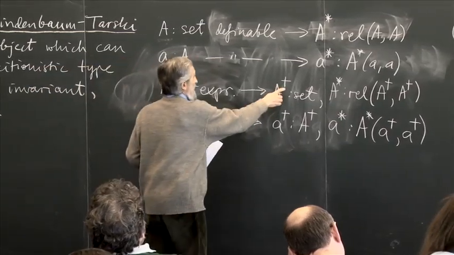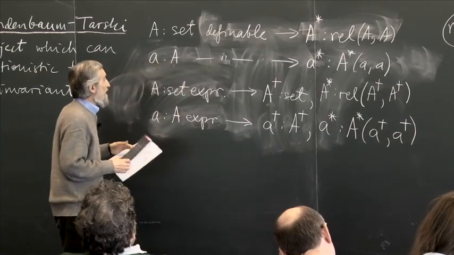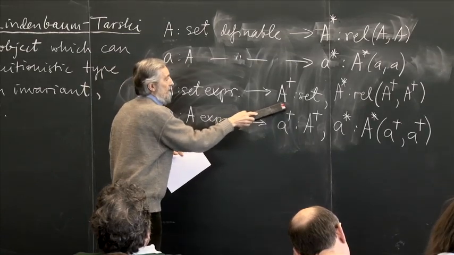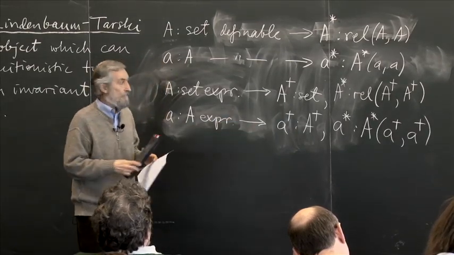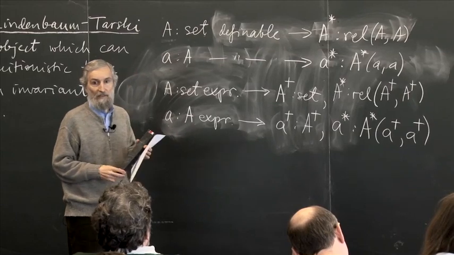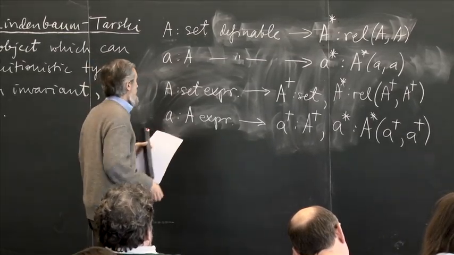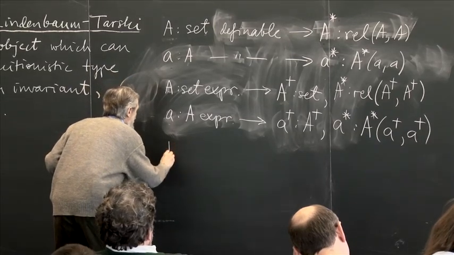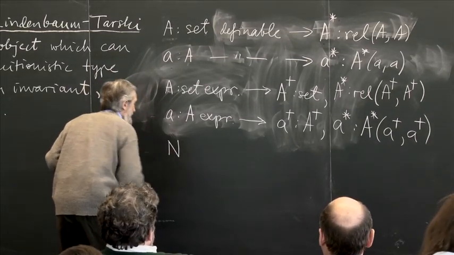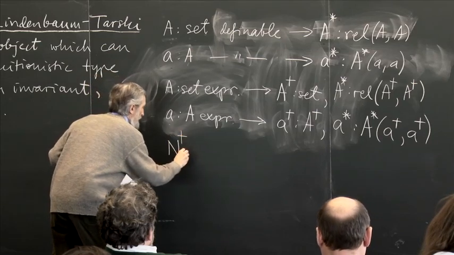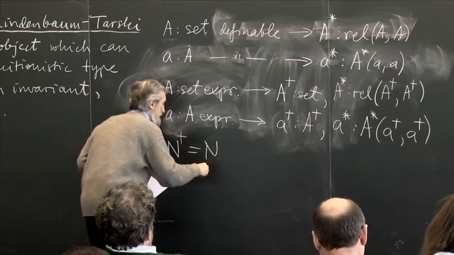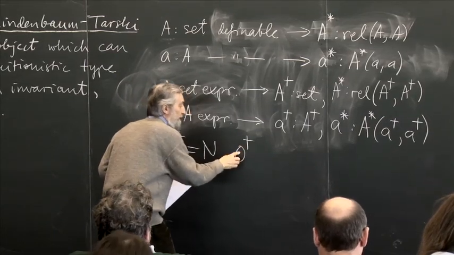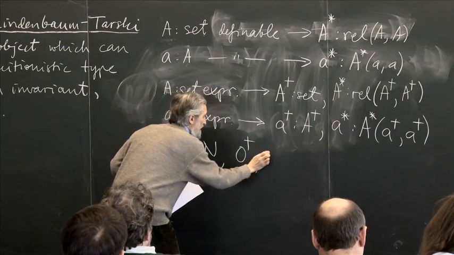Now, what is the dagger here? Well, the dagger is what takes any well-formed expression into its intended interpretation. So the dagger is the standard model. Of course, we all know how that is defined. If we have the set expression capital N, the dagger of that is just N, and if we have the expression 0, 0 dagger is just 0.